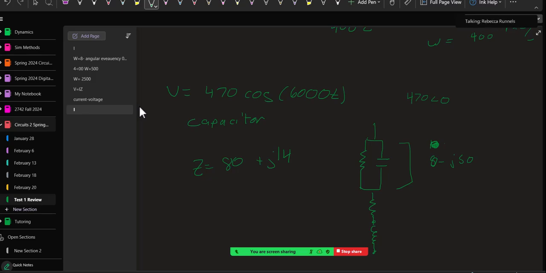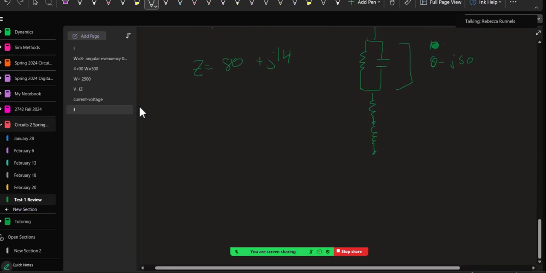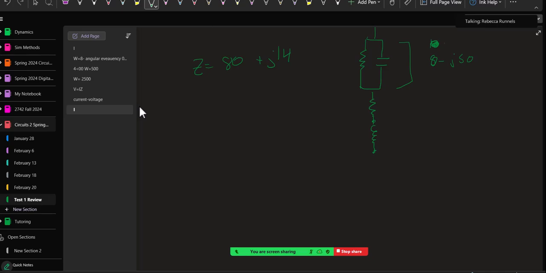Okay. And then I can't find my work. And what did I say we're looking for? The voltage? Okay, and then what was the impedance of the inductor? Was it j64, and the other resistor was 30?